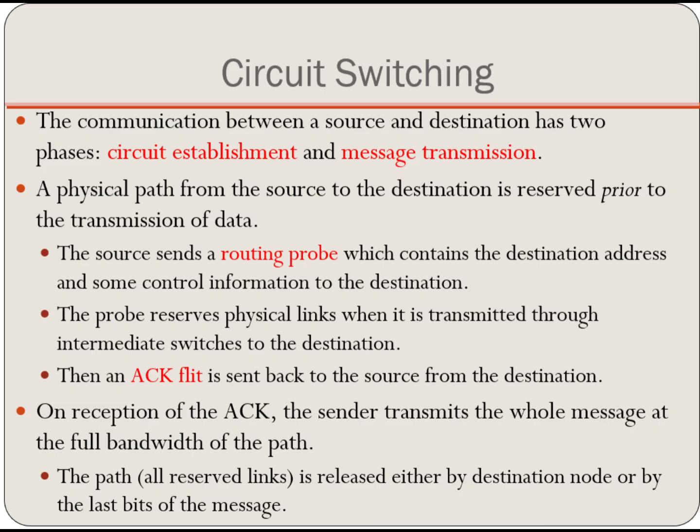Eventually one of the probes will reach the destination first, the earliest probe to reach the destination. Then the path from the source to that probe will be selected as the circuit for the real message. The others will eventually die out.